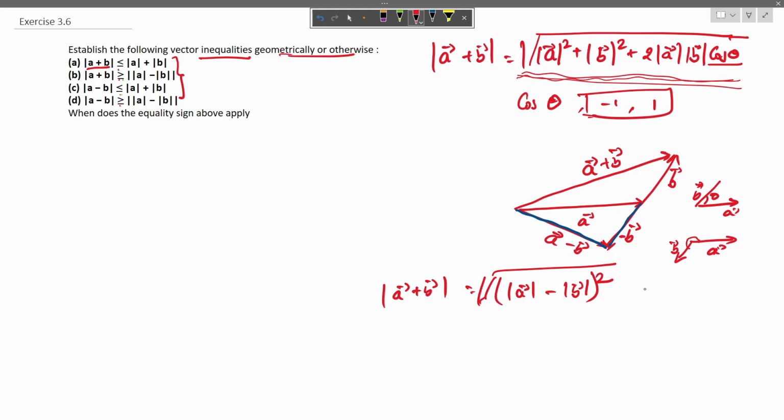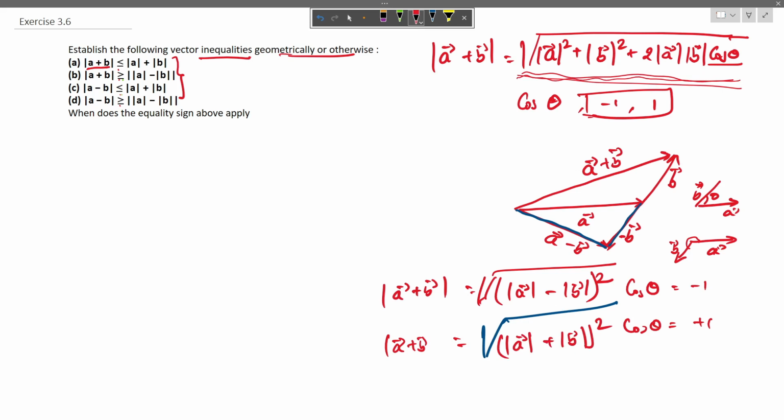And when cos theta is +1, we will have a plus b equal to under root of the full expression. So we see this is the minimum value that it can have, and the maximum value it can have is this.